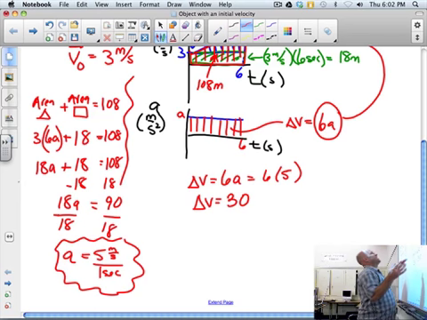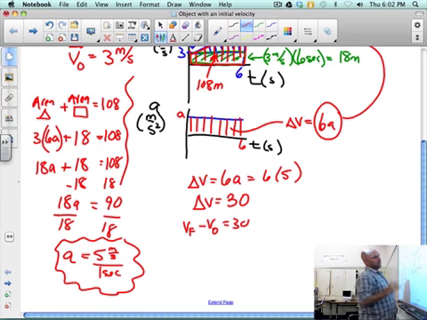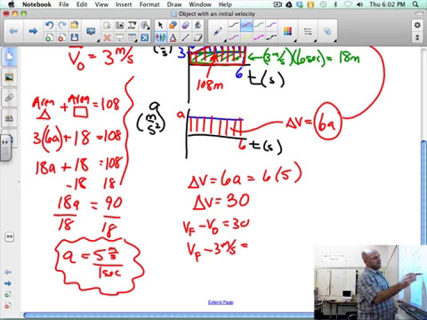So my velocity in the beginning, it says, is 3 meters per second. So final velocity minus my beginning velocity has to equal 30, right? Final velocity minus my 3 meter per second initial velocity has to equal 30.